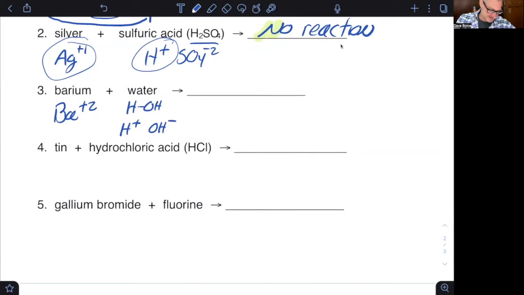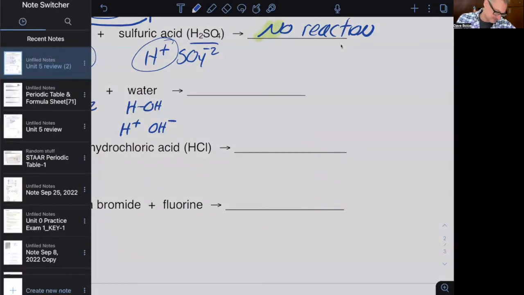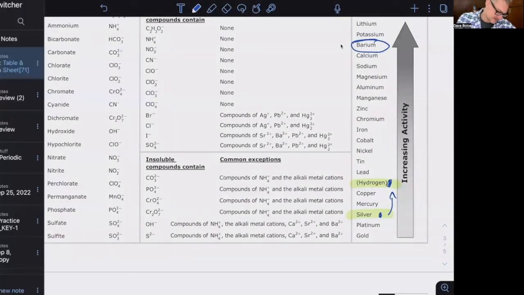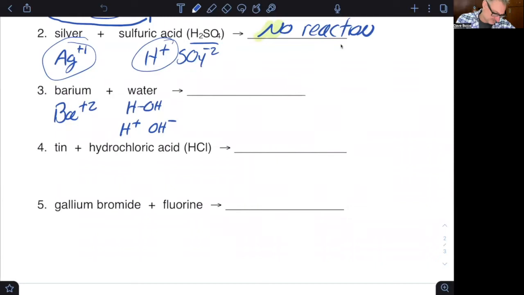So once again, hydrogen, let's see if barium is reactive enough, and it's all the way up here. So definitely that reaction is going to happen. And so I've got hydrogen and hydroxide as options. Like charges repel each other. So this barium really only has one option, and that's to bond to the hydroxide. And barium is a +2. So I'm going to need 2 hydroxides.